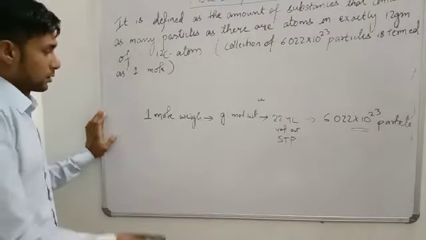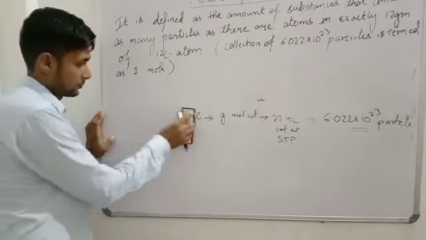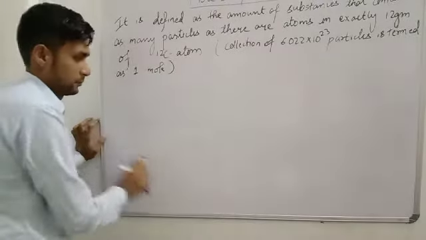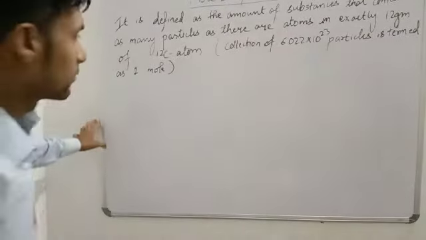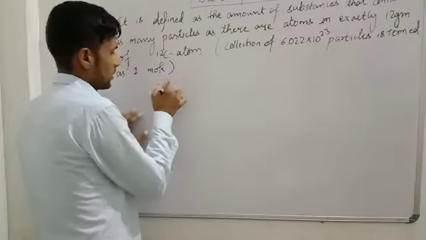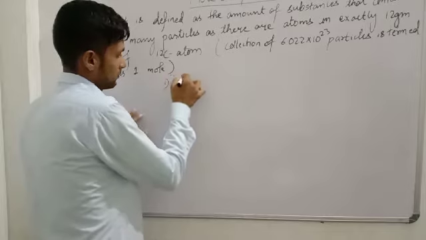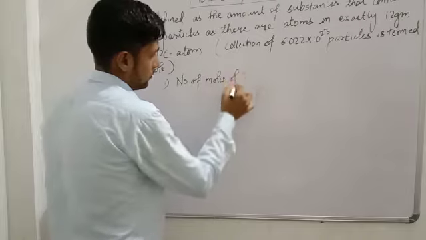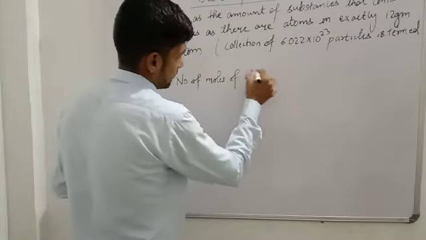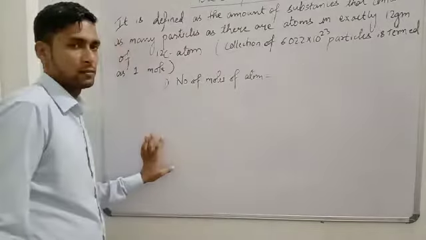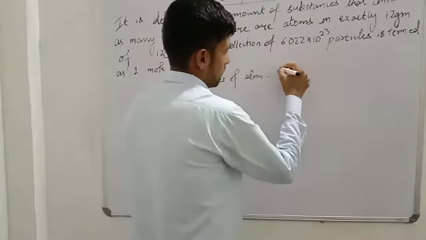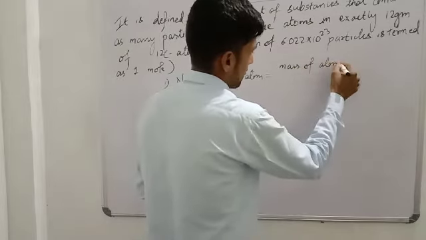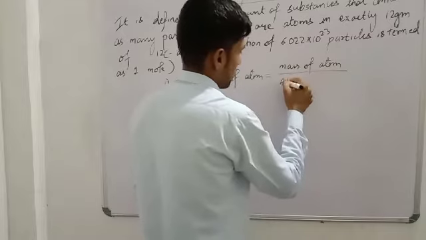Okay, so these things you should remember very nicely or very clearly. Now I will give you the relation by which you can calculate the number of mole. Number 1, number of moles of atom. If you want to calculate the number of moles of atom, you have to divide mass of atom by atomic mass.